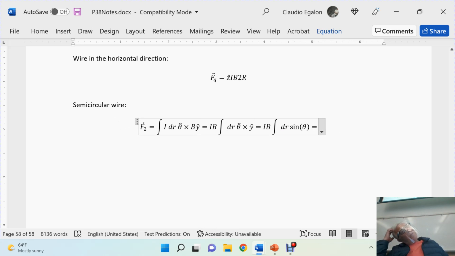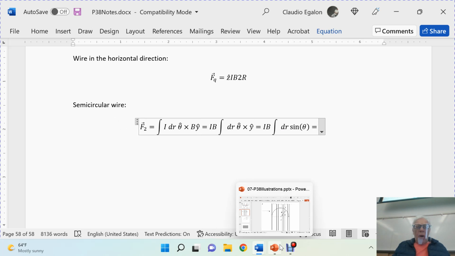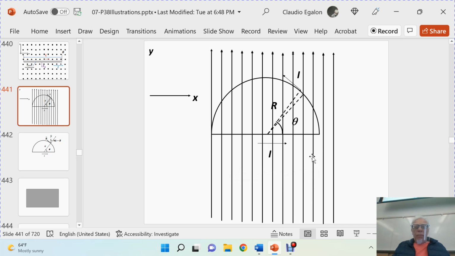At 0 degrees, the sine of theta is 0, and the magnetic force at that very spot is going to be 0. Then little by little it starts increasing the magnetic force.